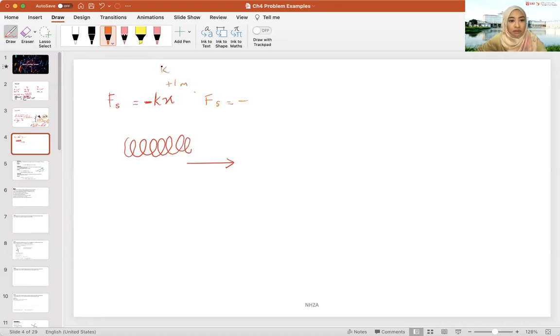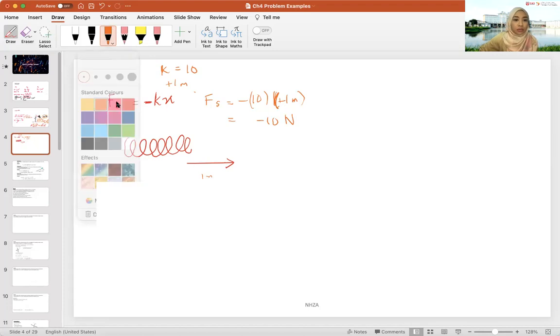K is always positive, there is no negative. So let's say K is 10. So I can say minus 10. And then the extension is by 1 meter. So I say, okay, this is 1 meter, positive. I'm stretching it, so it becomes positive. So the Fs here is minus 10 Newton. It is a force, so the unit is Newton. So what does it mean when I have a negative 10 Newton?